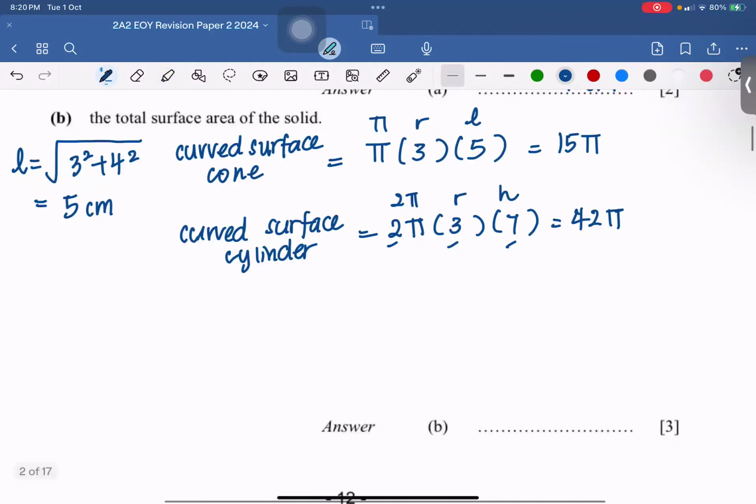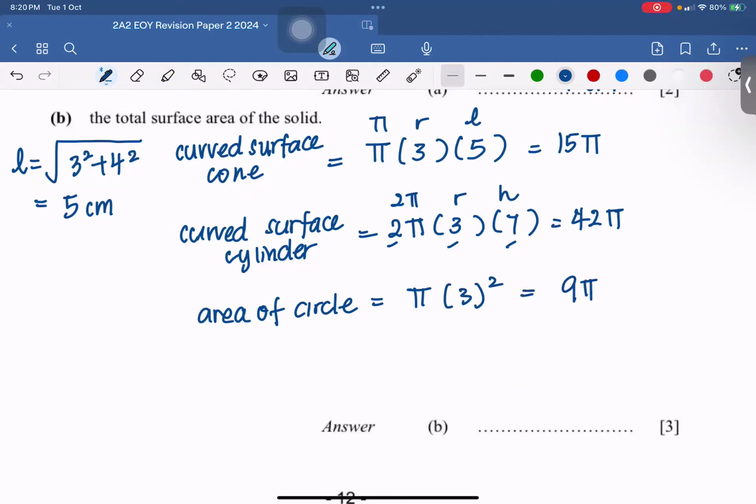Area of circle is pi r square. So 9 pi. If I want the total surface area, add everything up together.